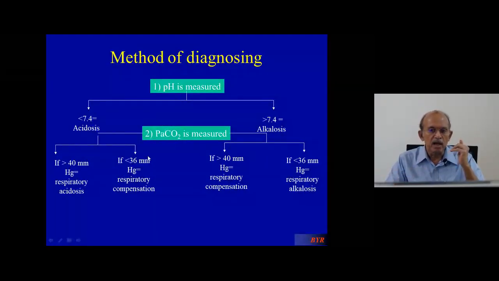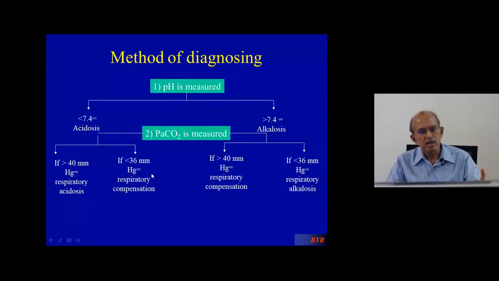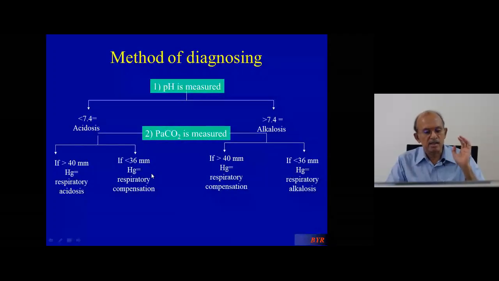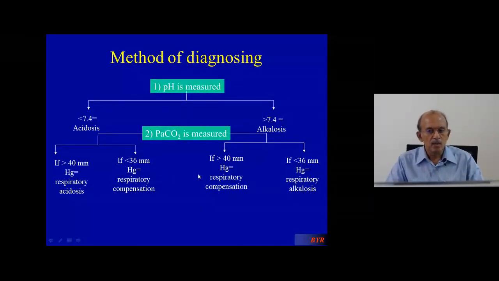That is why the carbon dioxide tension has fallen. So what does it mean? That means the respiratory tract is doing the compensatory mechanism to reduce acidosis. So you can say it has compensated the metabolic acidosis.